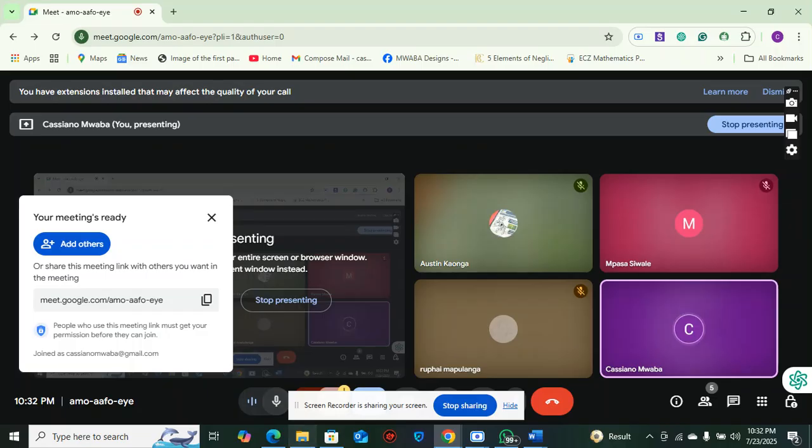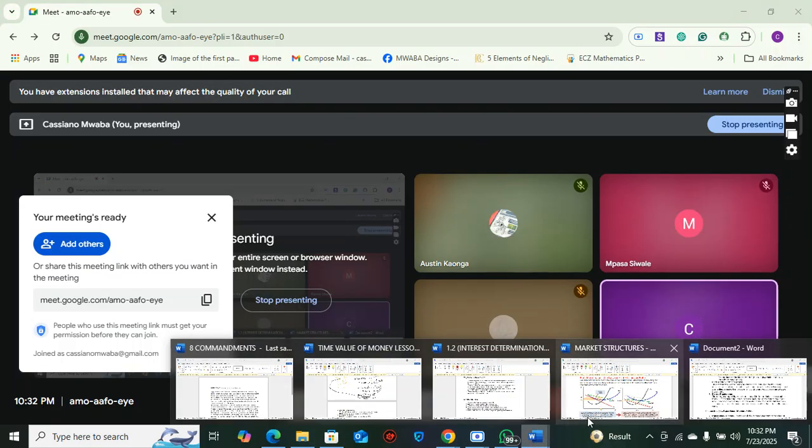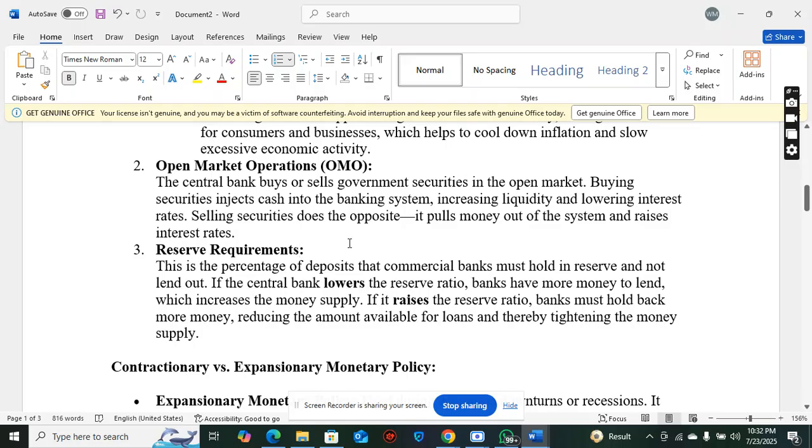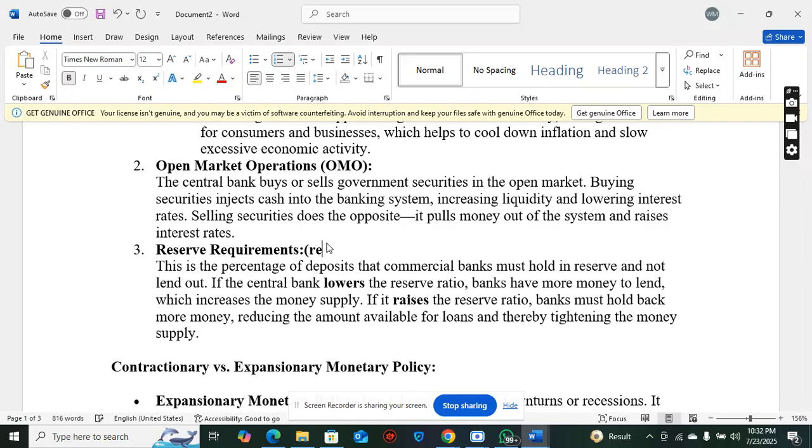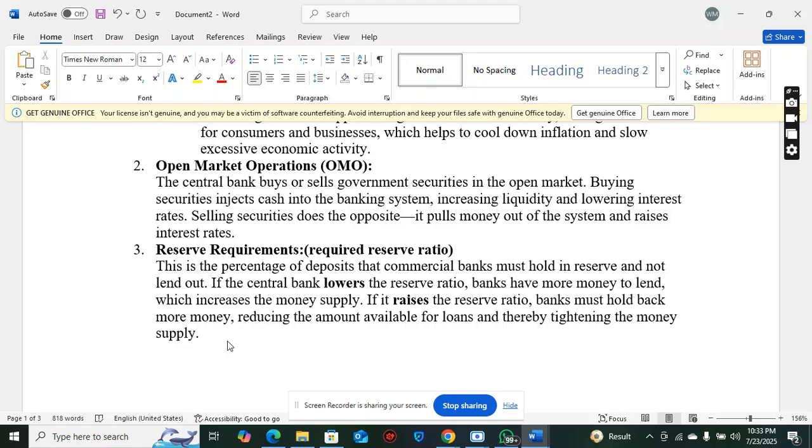Let's say, for example, the required reserve ratio, the RRR, is 20%.